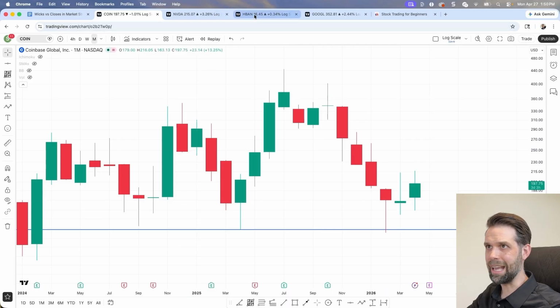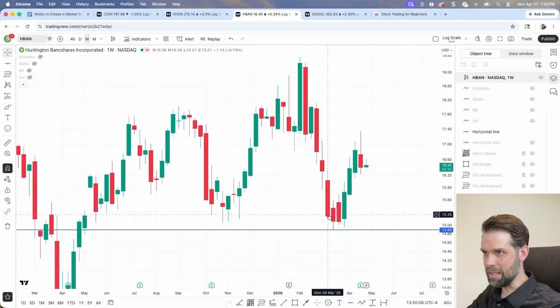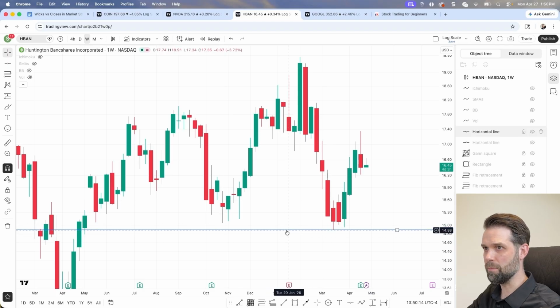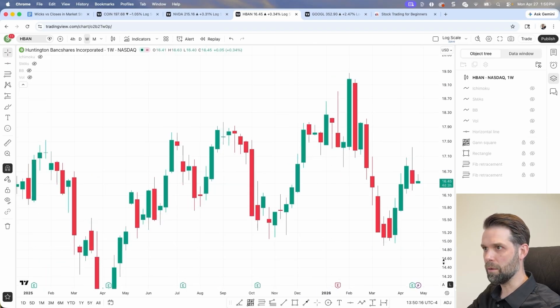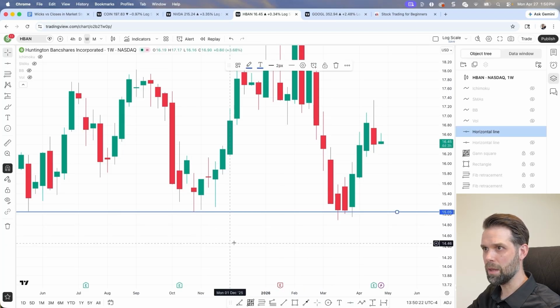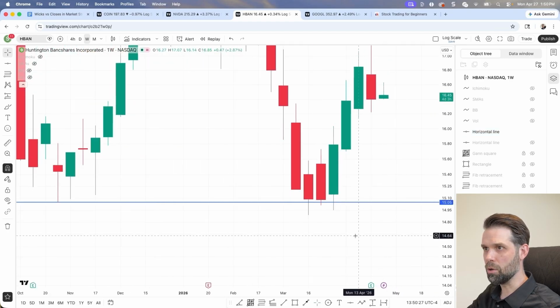So if we just look at our other example here, H-band, again, we can see that this cluster of candles, none of them actually closed below this wick. They came very close, but if we zoom in here and we put our horizontal line on the low point from this area, where do these candles close?